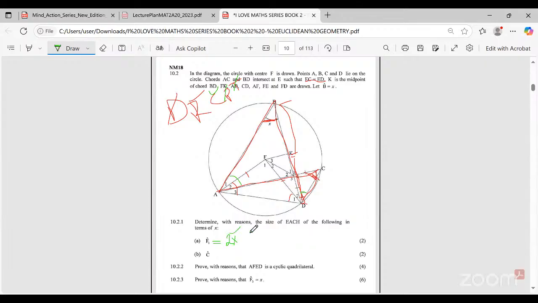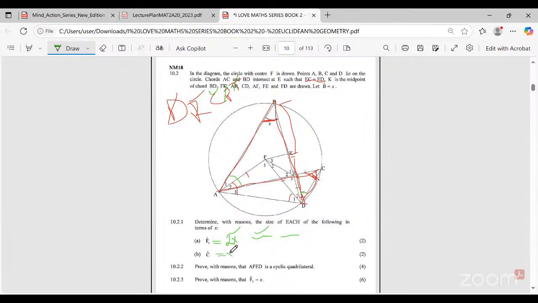This is a mark. Do I give a reason, sir? If you don't give a reason, I give you 1 mark out of 2 marks. Angle at the center is 2 times bigger than the angle at the circumference, sir. Then I give you 2 marks if you state the reasoning. Now determine the size of angle C in terms of x. Angle C is equal to x.